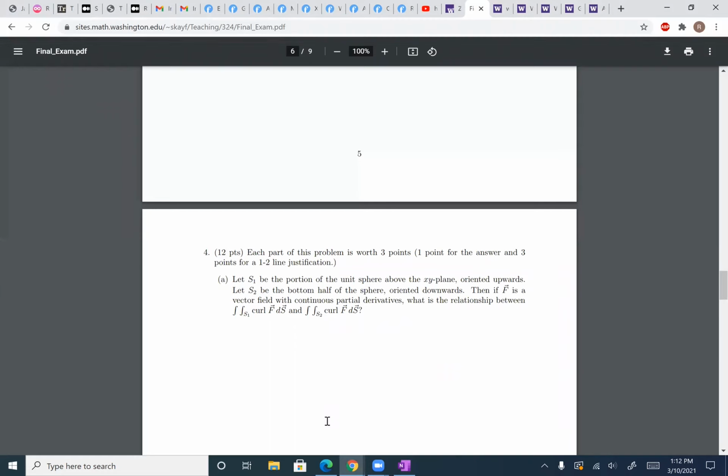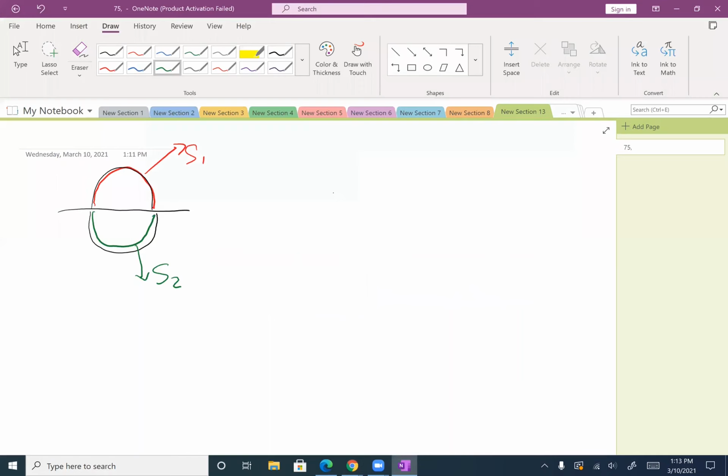Whenever you see things like continuous partial derivatives, just ignore it. That's just jibber jabber that mathematicians like to do. So what is the relationship between curl F on S1 and curl F on S2? So curl F versus the S2 one.